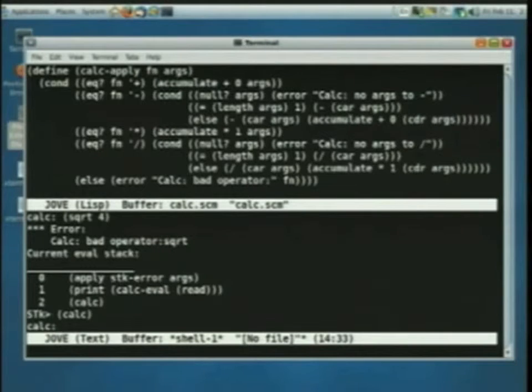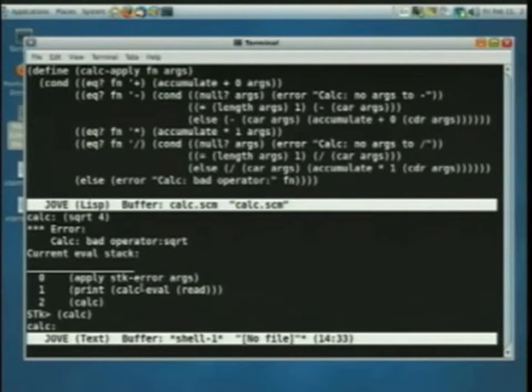And that call to error, by the way, I guess we haven't explicitly talked about this. Error is a Scheme primitive that prints an error message and gets you back to the Scheme read-eval-print loop. Because STk is an interpreter just like this. STk has a REPL and an eval and an apply, just the same as this, except for Scheme instead of for the calculator language.